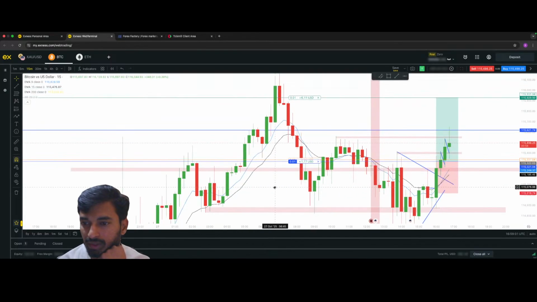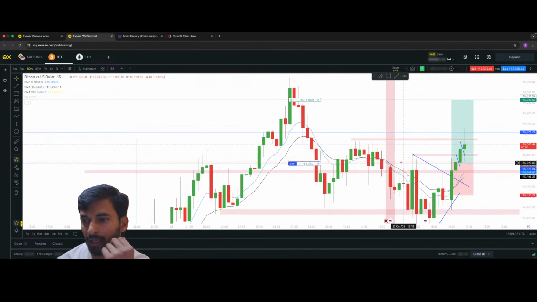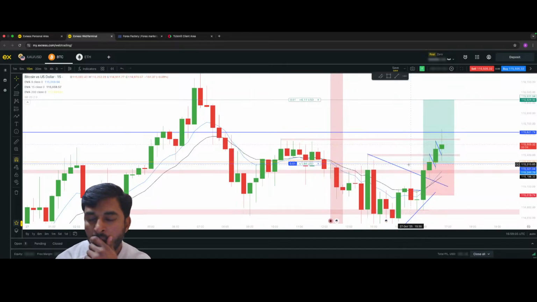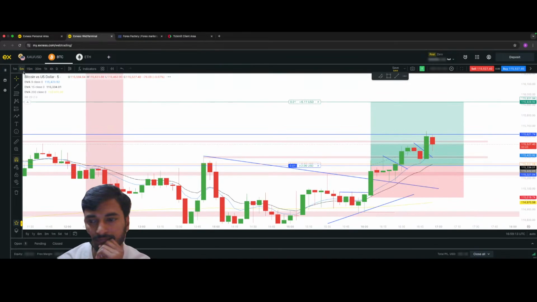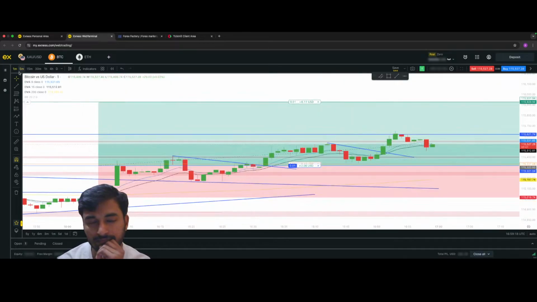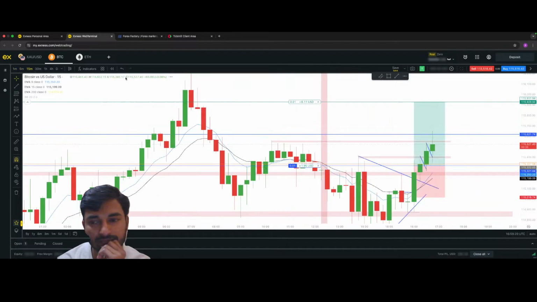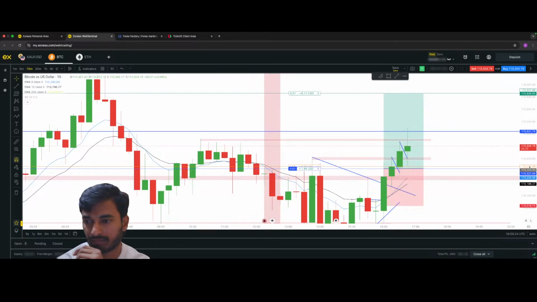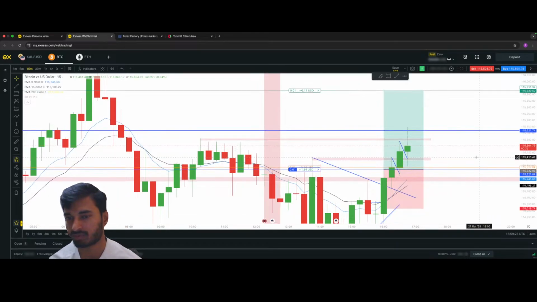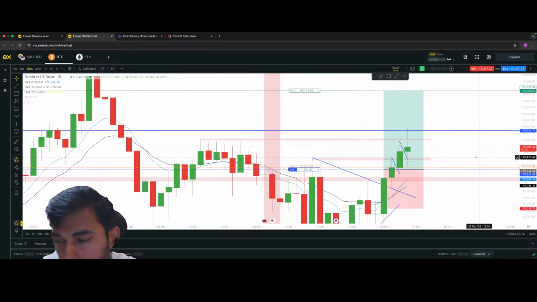So if it is a doji, then the market may come down. Still 35 seconds. Let's see what candle happens in 15 minutes.